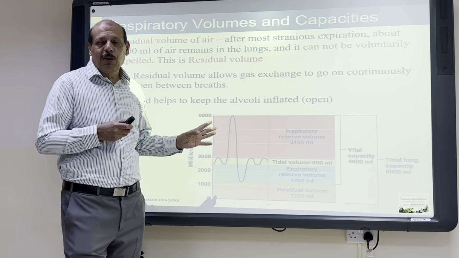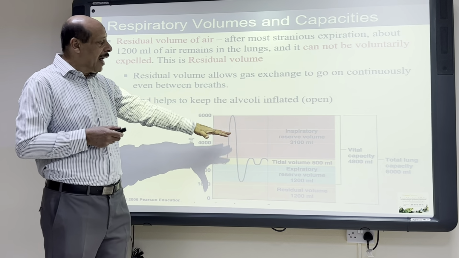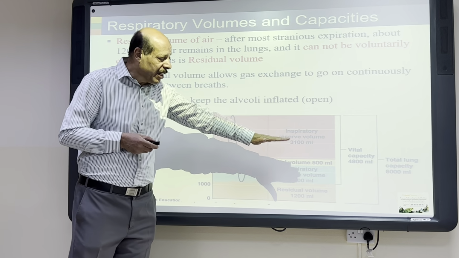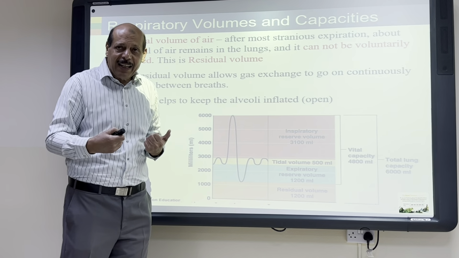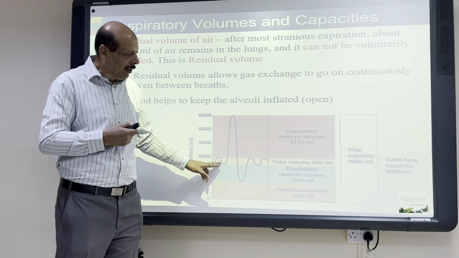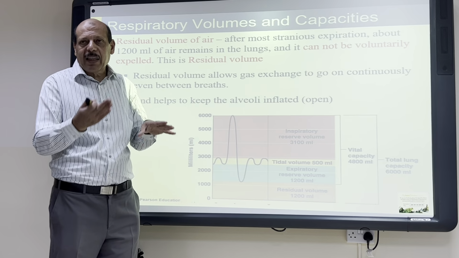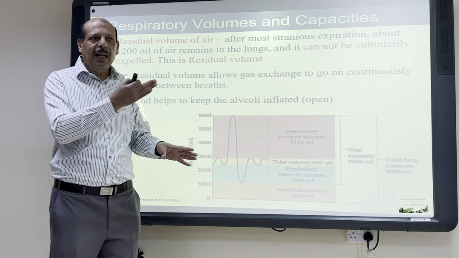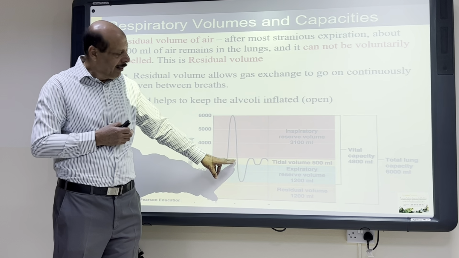Okay, did you understand those volumes? So we have the inspiratory reserve volume, that amount of air that I can forcibly inhale after normal inhalation. The tidal volume, which is the usual amount of air that is coming in and out during each respiratory cycle.